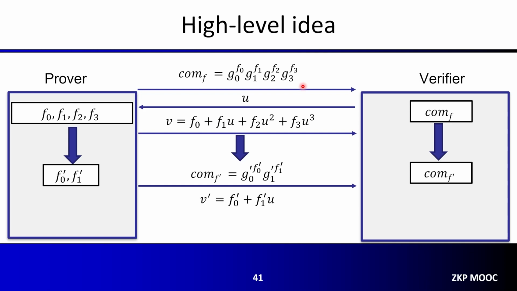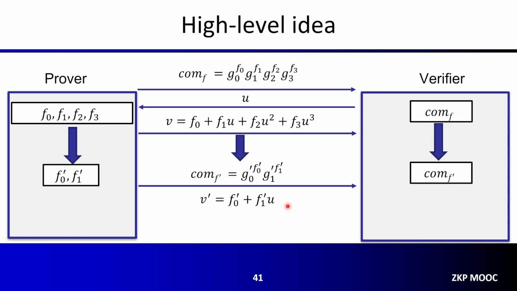But the main challenge of this reduction is how can we go from this original polynomial to a new polynomial of half the size? We have to check the relationship between these two polynomials. You can't let the prover just commit randomly to a new commitment without any relationship before, and then commit to a new evaluation v prime.